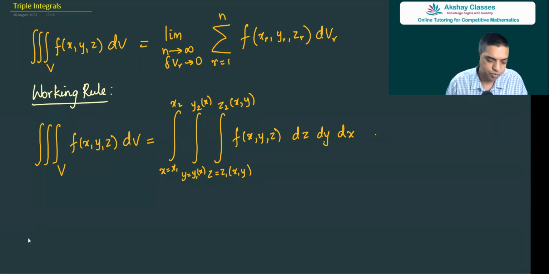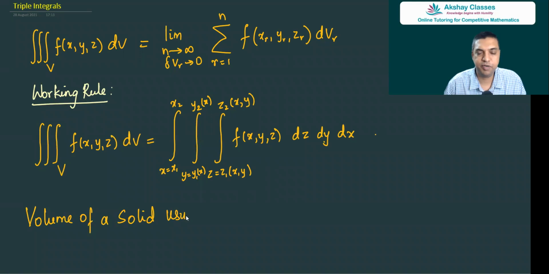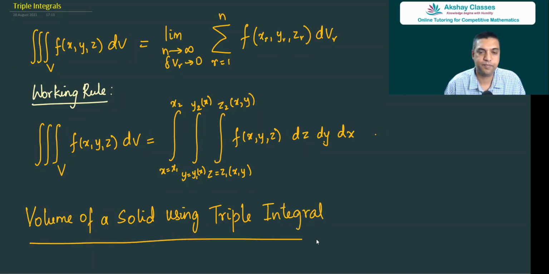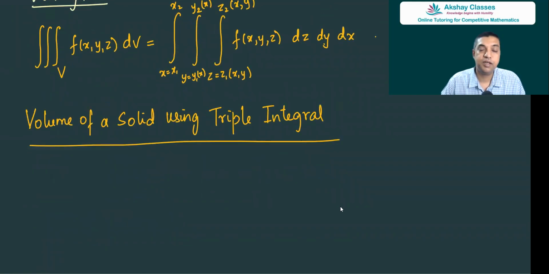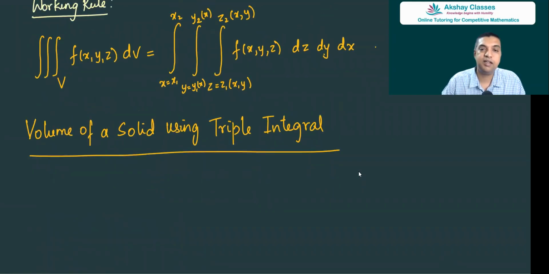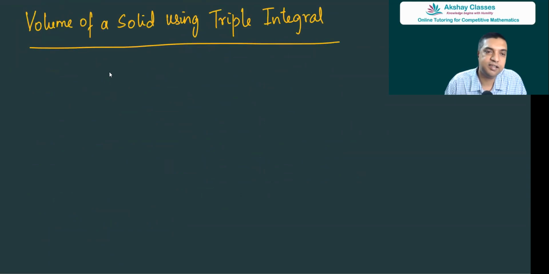Now, how to evaluate the volume of a solid by triple integral? How do we do it? Now, this dx, dy, dz itself is a volume element.